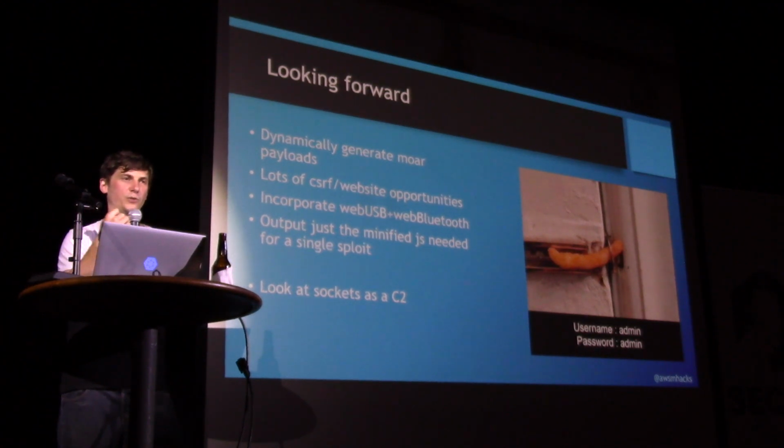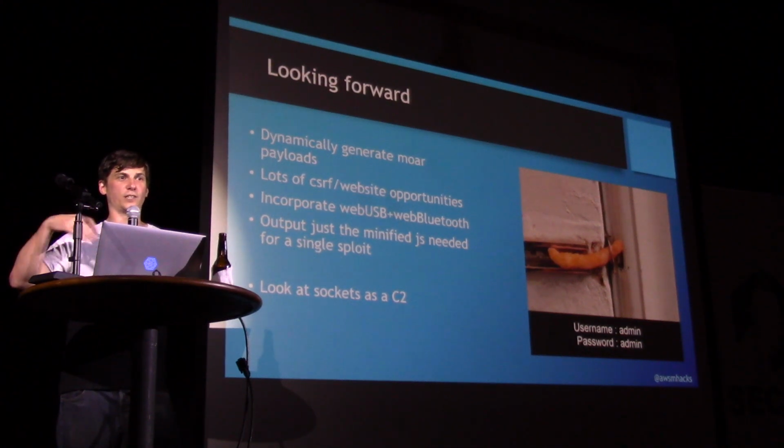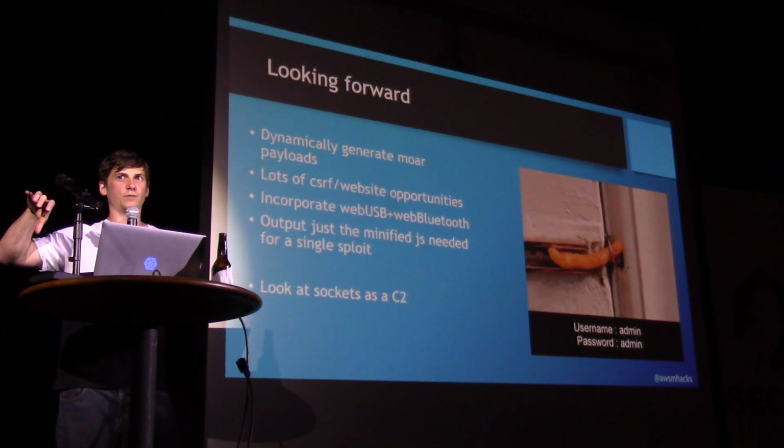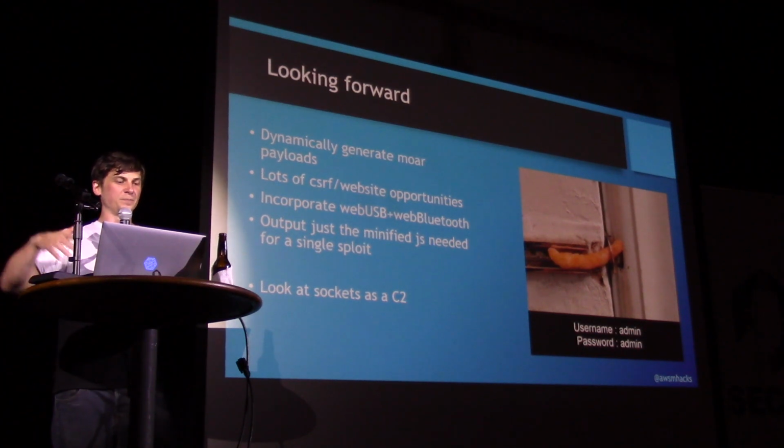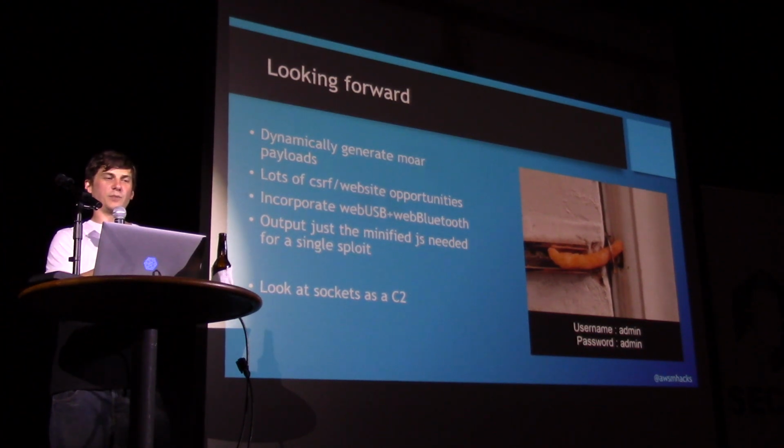So if you could identify users, when they hit your cross-site scripting, who are logged into a WordPress site somewhere on their internal network, you can then make those POST requests that upload malicious PHP and give yourself backdoors on web pages, so there's a lot there. I don't have any of the USB or Web Bluetooth stuff, and I'd like to add that. Outputting minified payloads with just the single exploit is the next feature that's almost done.